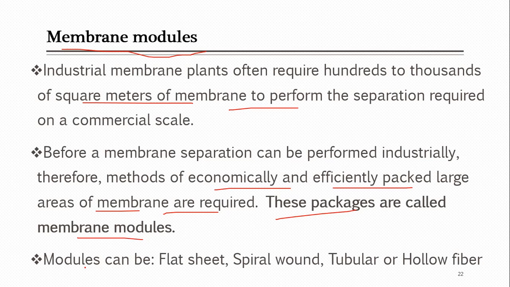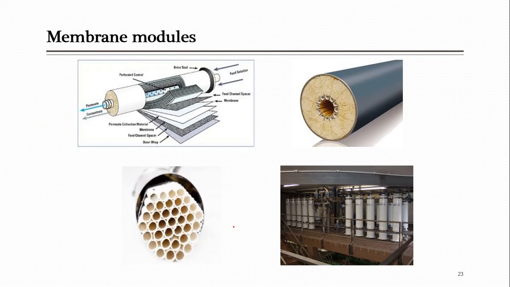Membrane modules are categorized into various categories: flat sheet membrane modules, spiral wound membrane modules, and tubular or hollow fiber membrane modules, and another one called capillary module, but we will just talk about these 3 types in this lecture. Here you can see the different membrane modules shown. These are spiral wound membrane modules. The first one, I will talk in detail about all this, what spiral wound modules are.